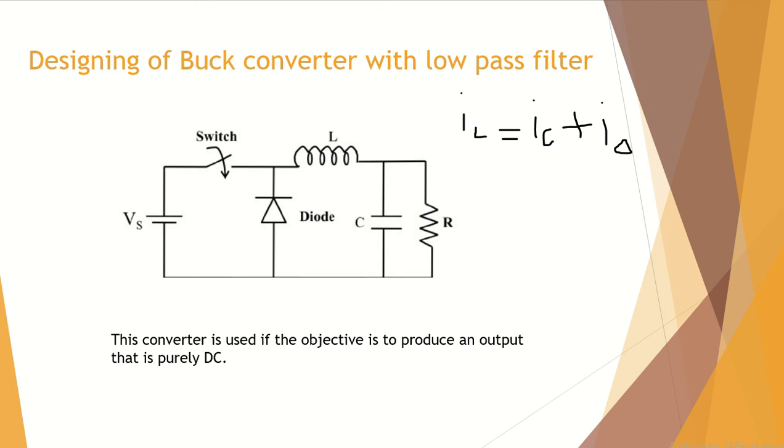So I naught becomes IL minus IC. These all are DC values.